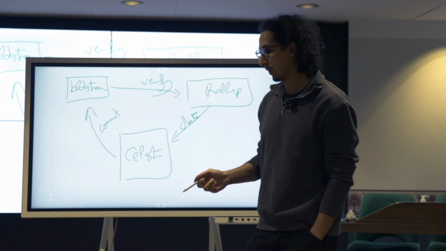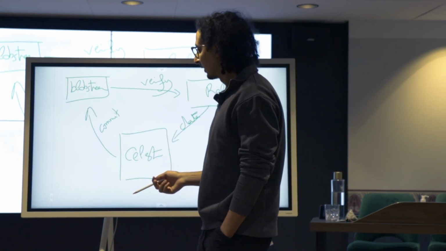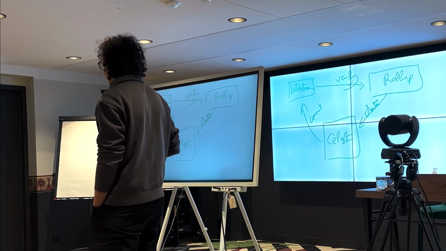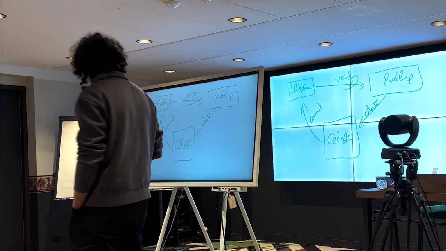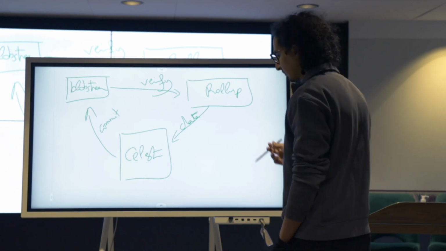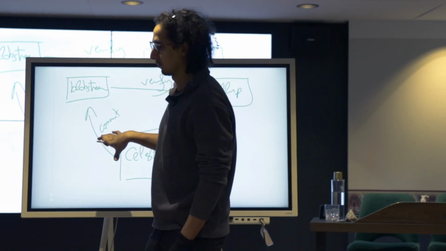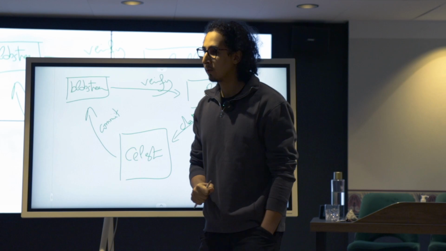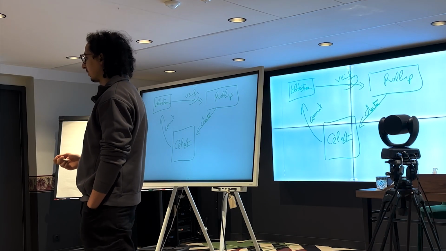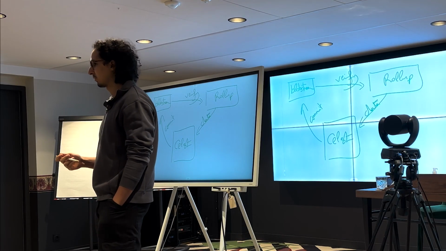That boils down to verifying that the height exists, that the data root is correct, and also proving that the span is pointing to valid shares. So this is how optimistic rollups and ZK rollups would use Blobstream and Celestia.